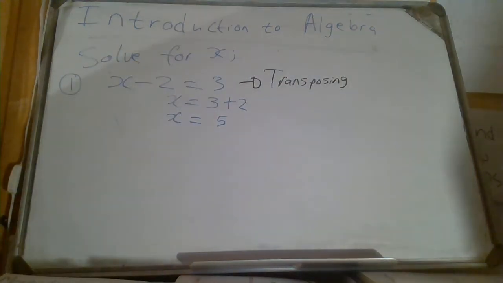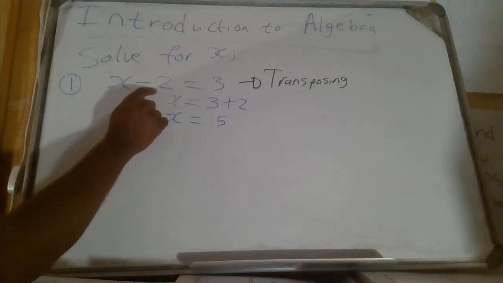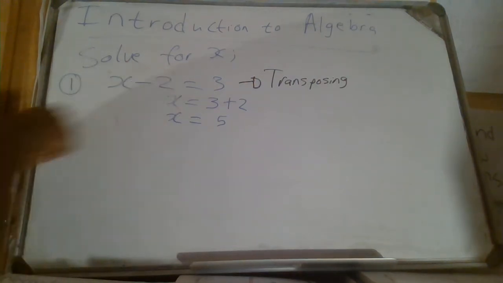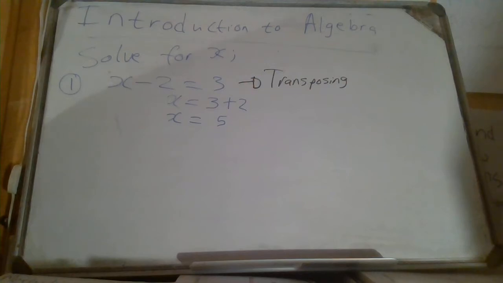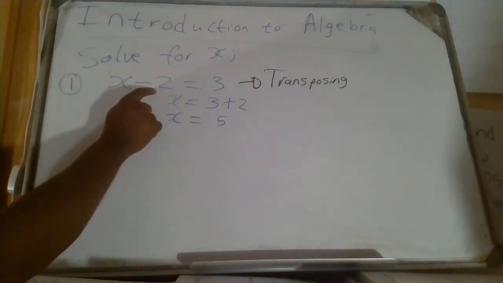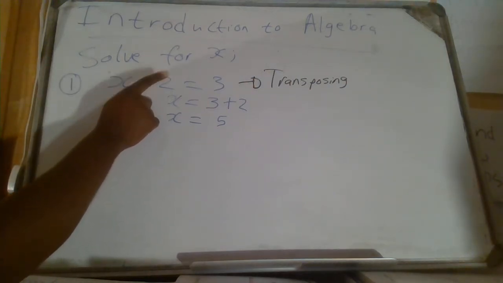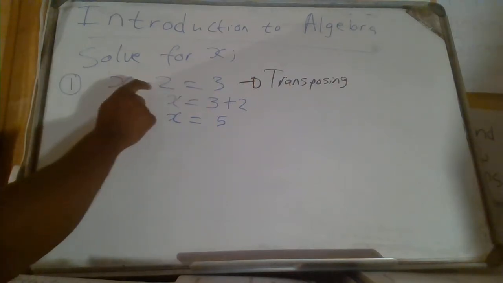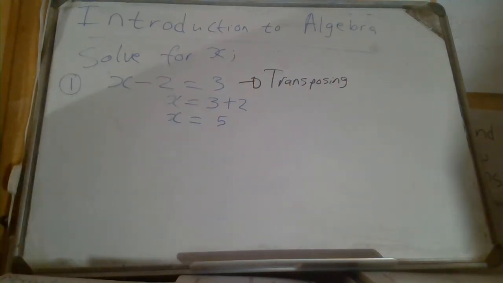So transposing is just a fancy word that simply means that you take a number from here and you put it on the other side of the equal sign, and if the sign of this number was plus, then on the other side it's going to be minus, but if it was minus, on the other side it's going to be plus.